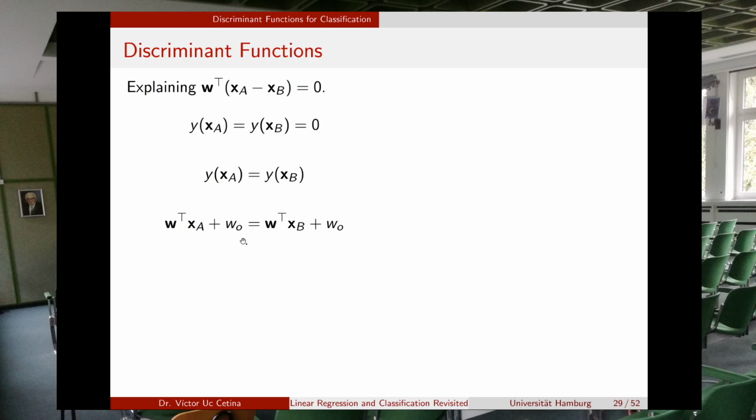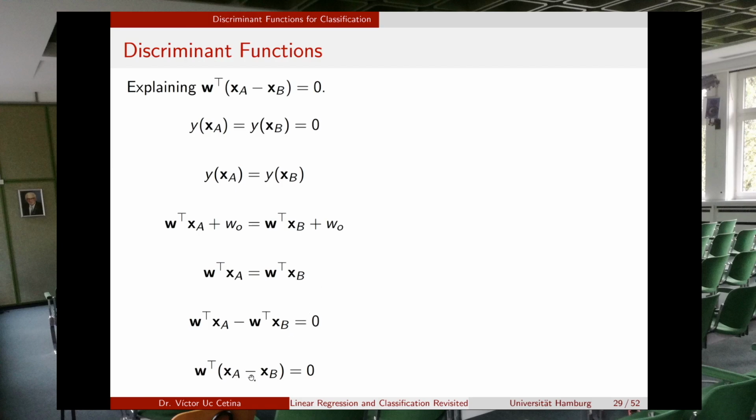Then from this we can simply move w0 to the other side, so w0 disappears, and then from this we can move this product here to the left. We have this expression, and then from here we can simply factorize the w vector, and we get to the expression that we wanted to show is true.